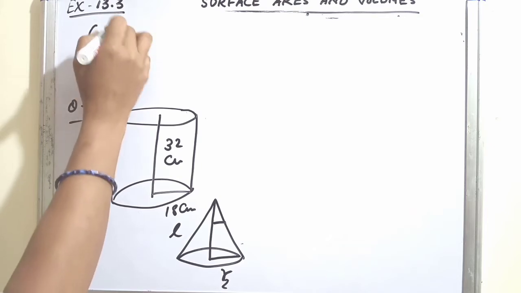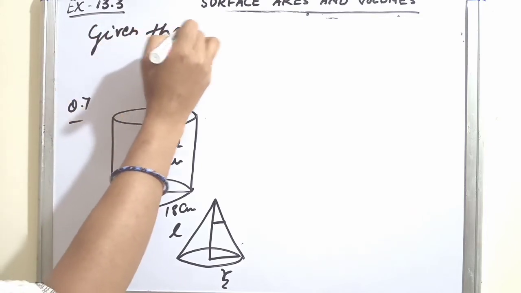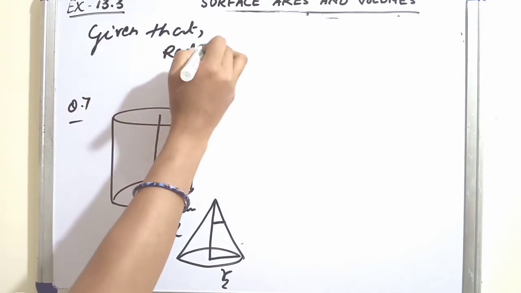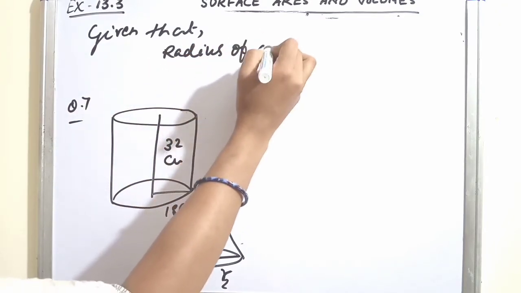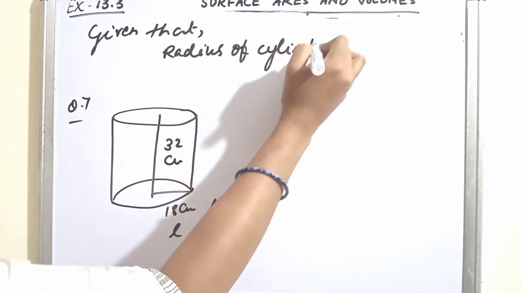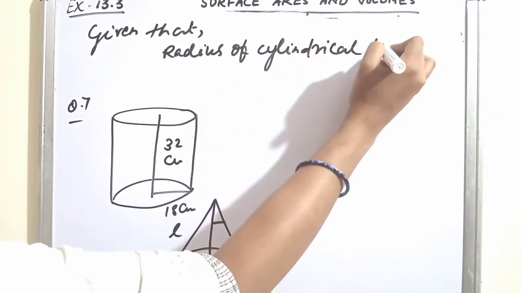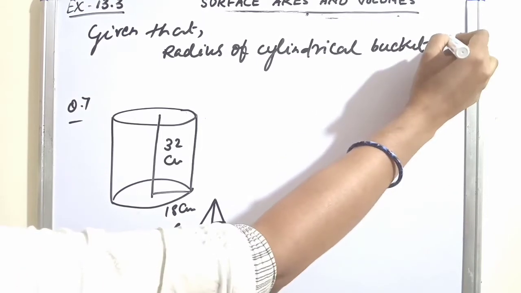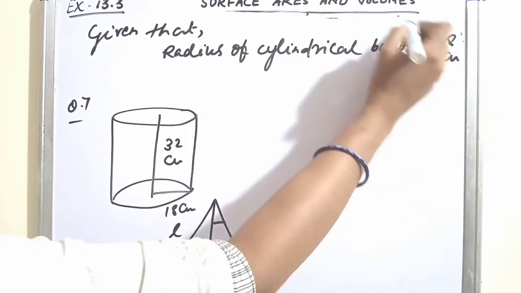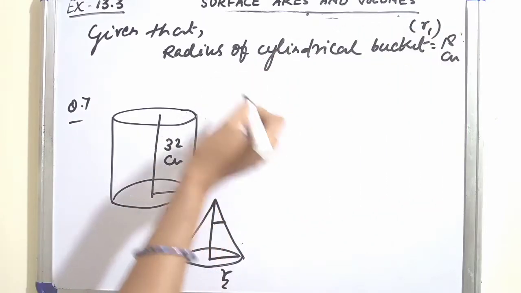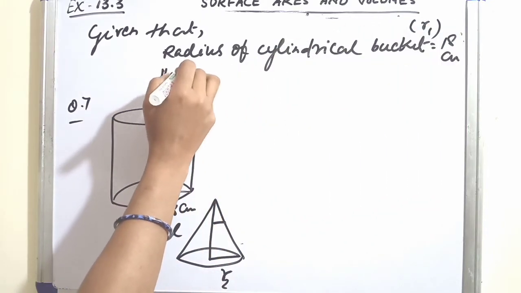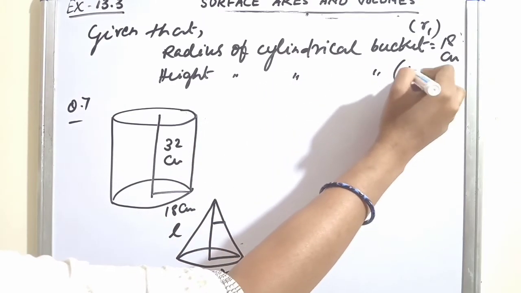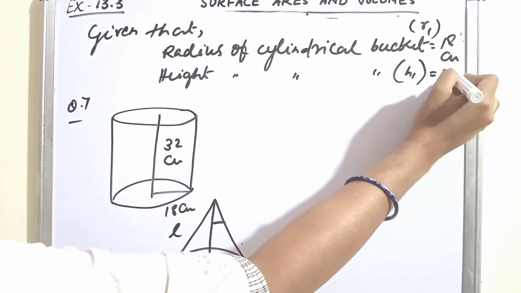So given that the radius of the cylindrical bucket is equal to 18 centimeter. Suppose this is R1, and the height of the cylindrical bucket, suppose this is H1, is equal to 32 centimeter.